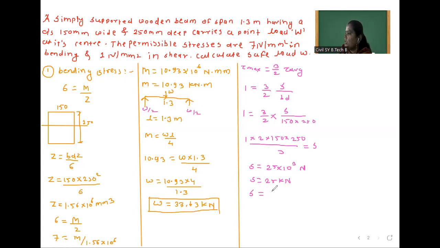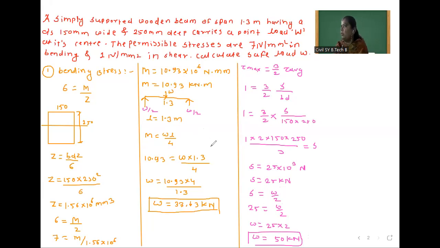So S is equal to W by 2, so 25 is equal to W by 2, and W is equal to 25 into 2, which is 50 kilonewton.